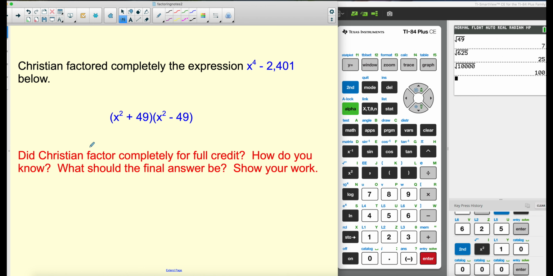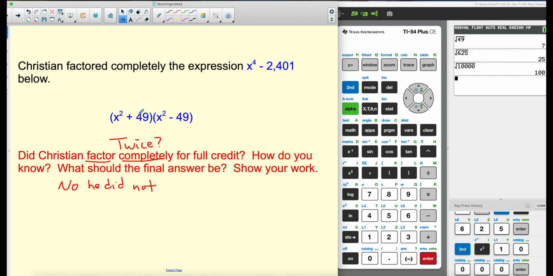So it said, did Christian factor completely for full credit? Did Christian factor twice? The answer is no. So did Christian factor for full credit? No. He did not.